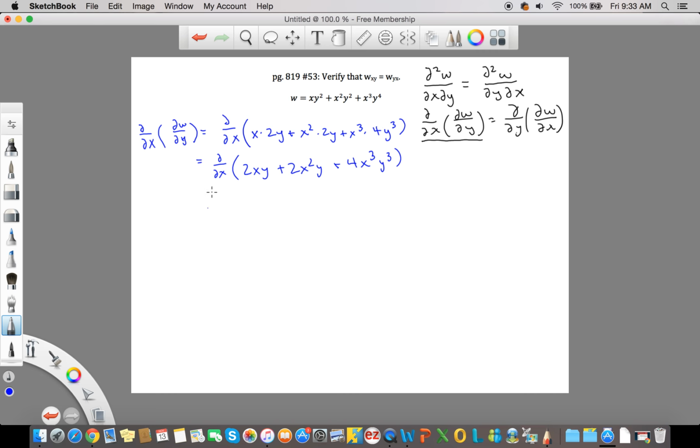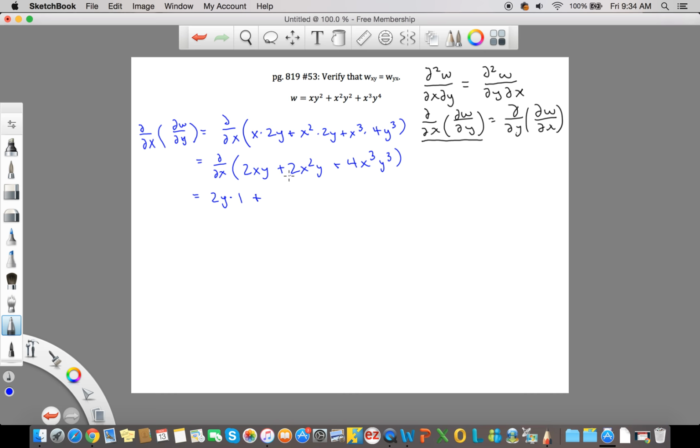Now the second part of this is we're just taking the derivative with respect to x of this new term that we found here. So when we're taking the derivative with respect to x, all y's are considered constants. So x, the 2y is going to be considered the constants here, and then we're taking the derivative of x, so it's going to be 2y, those are our constants, times 1, because the derivative of x with respect to x is just 1.